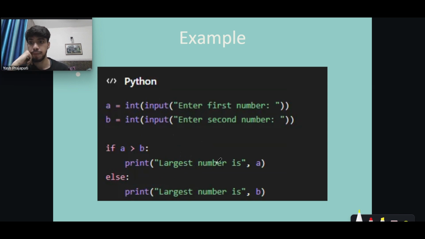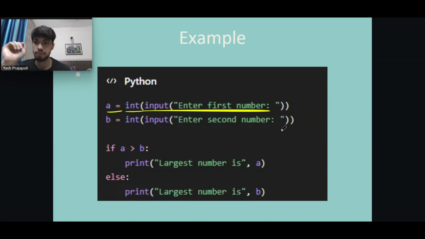Here is an example of two inputs together. Here we are saying A is equal to int input, enter first number, then B equals int input, enter second number.